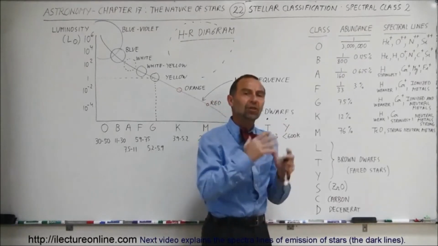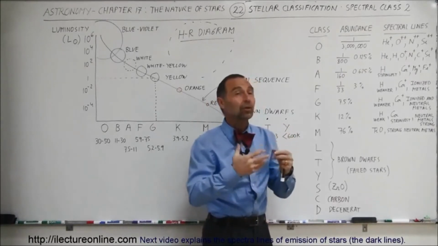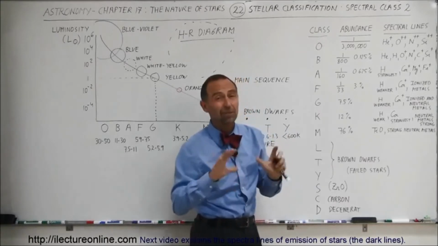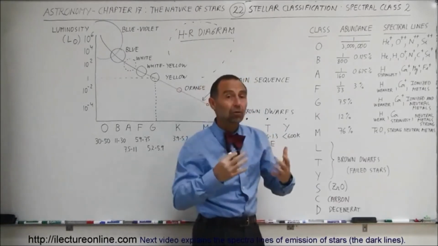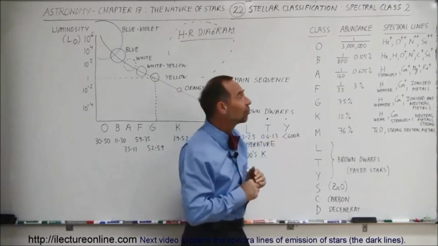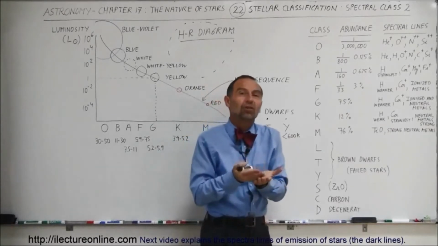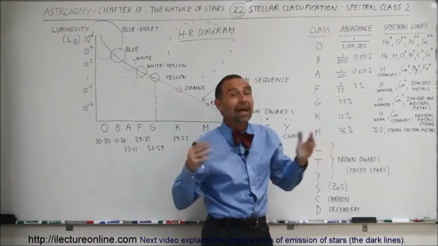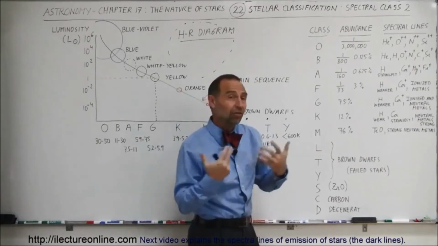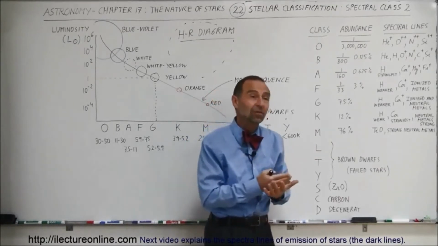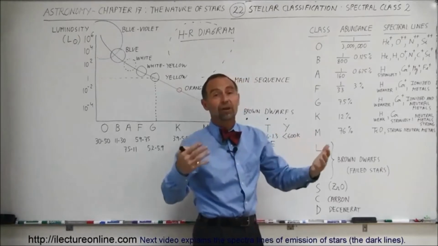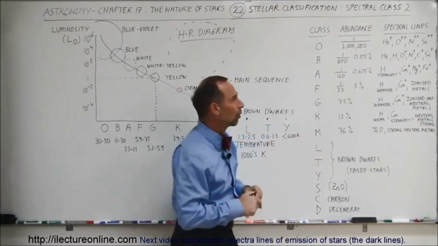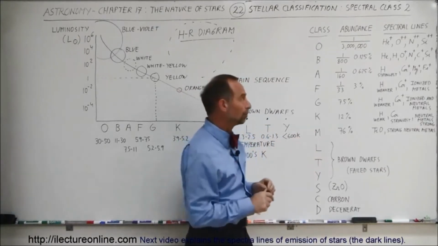They burn up the hydrogen inside their core so quickly that they typically only last a few million, maybe 5, 10 million years at the most, and then they turn into red giants and they're no longer main sequence stars. Our sun has been around for almost 5 billion years, so stars like the sun are around for a very long time, so they must therefore be much more abundant on that factor alone.